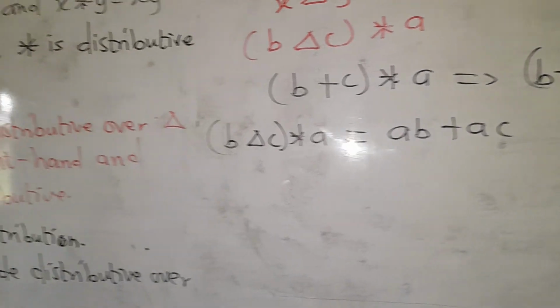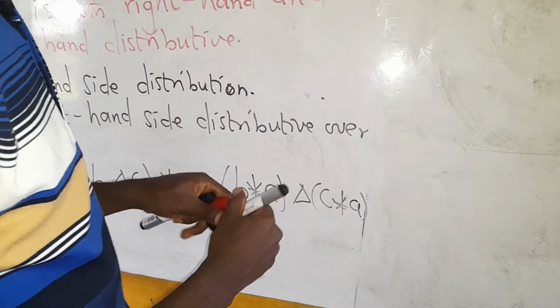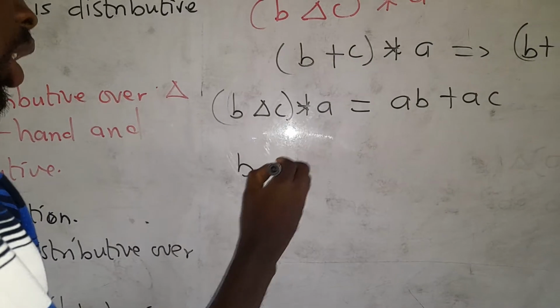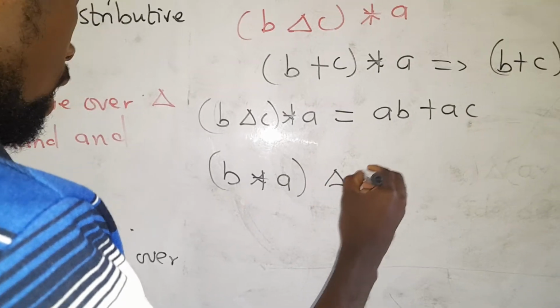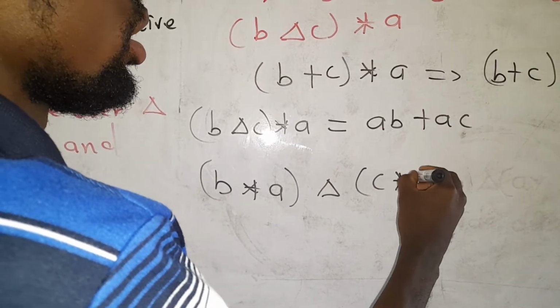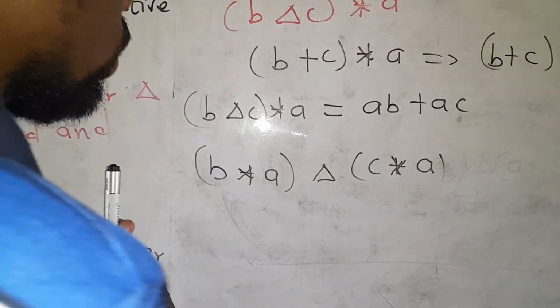Now let's prove this side, that's (B star A) delta (C star A). How do we do that? So we go back to the star.